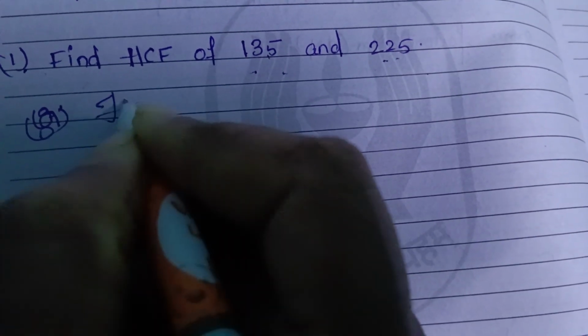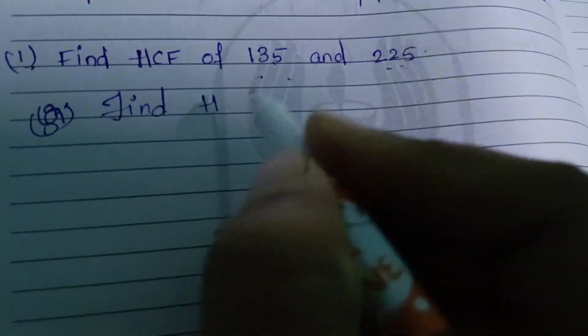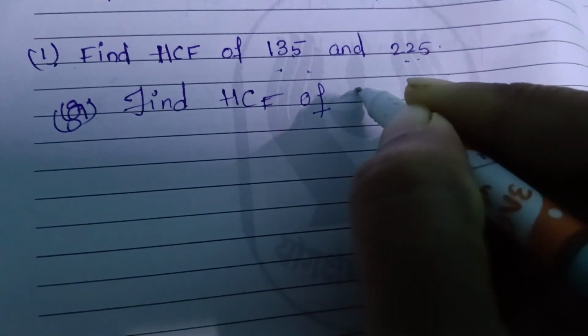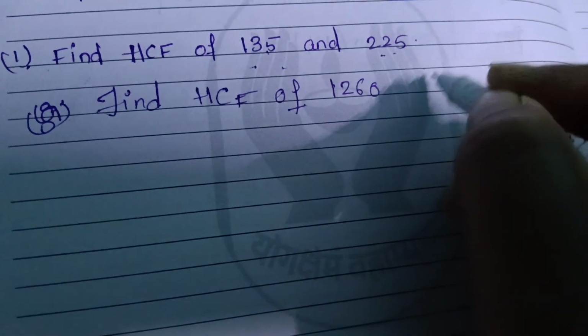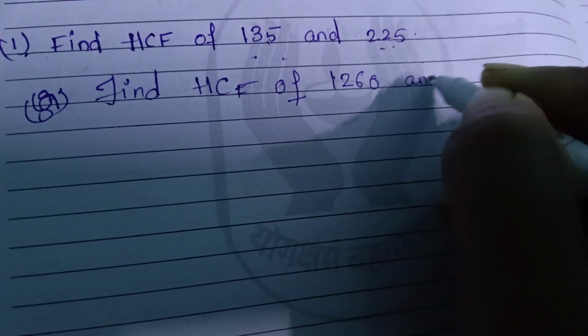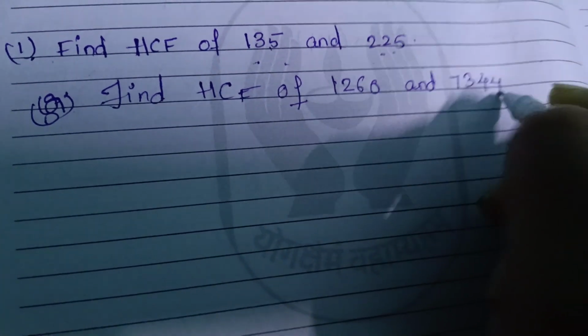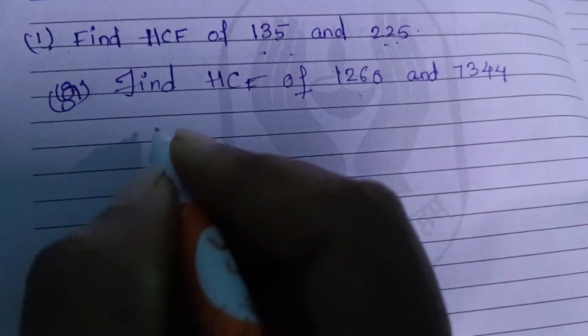That is, find the HCF of 1260 and 7344. Now divide the largest number by the small number.